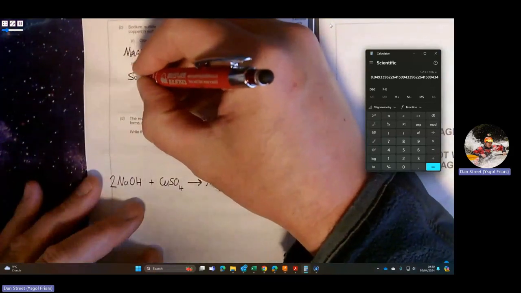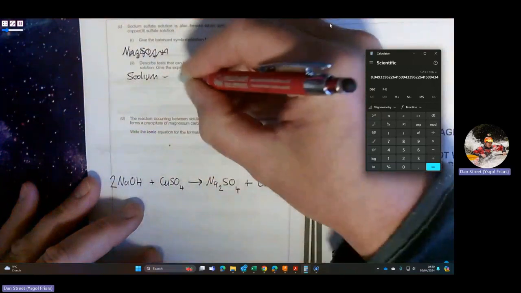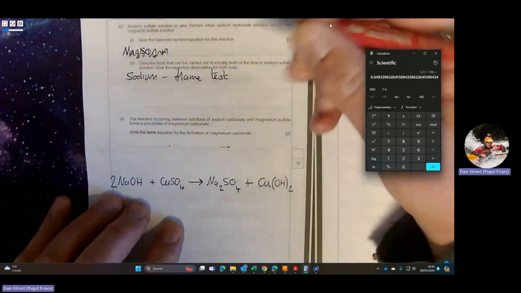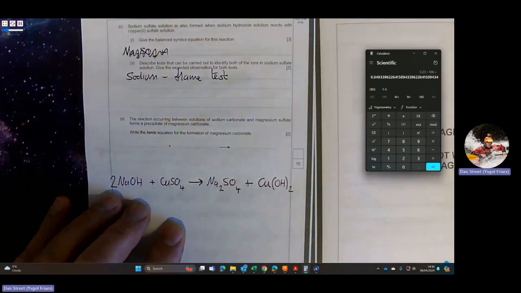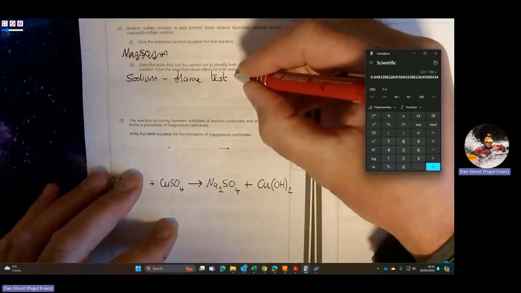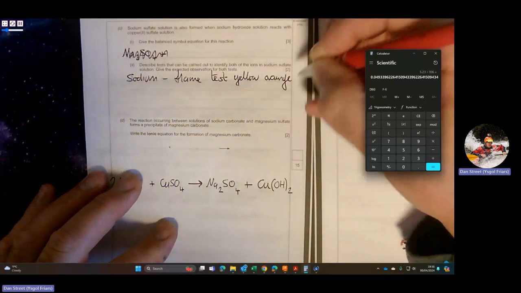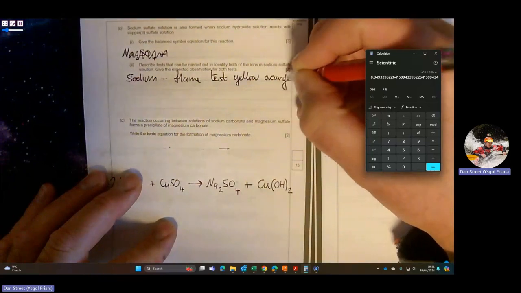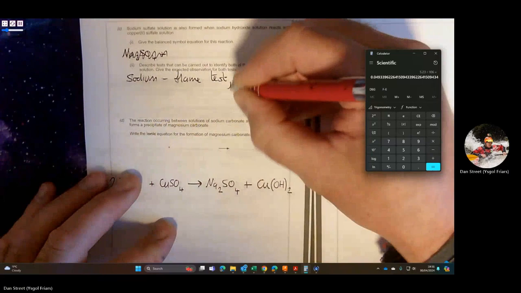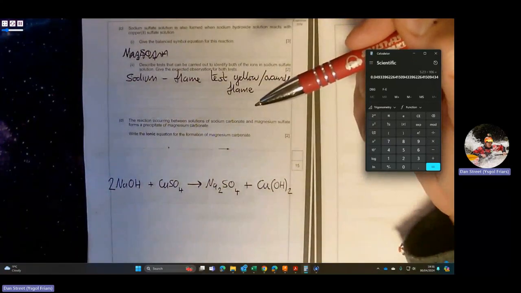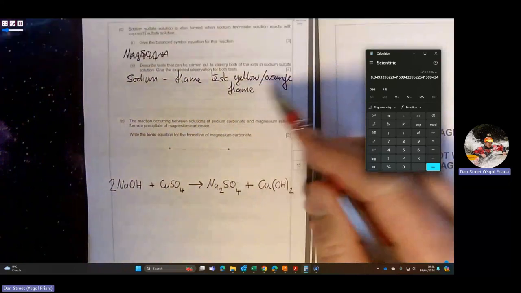So for sodium, it's a flame test, and the positive result is a yellow or yellowy-orange flame. It's not easy to spot because it looks a bit like a Bunsen burner flame. If you're not sure about the flame test, dip a wet splint into a solution of the sodium sulfate and then place it in a flame briefly, and the flame will go a yellow-orange color.